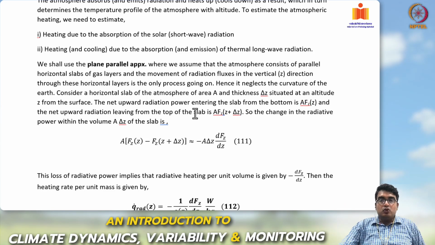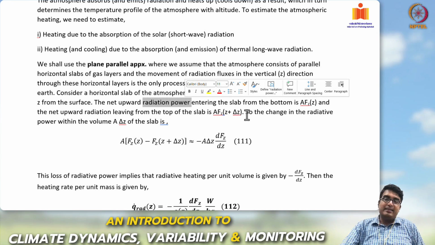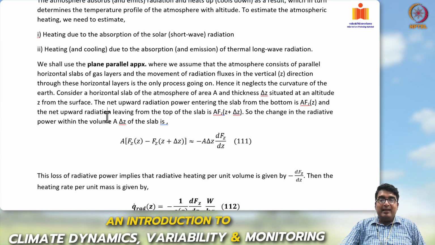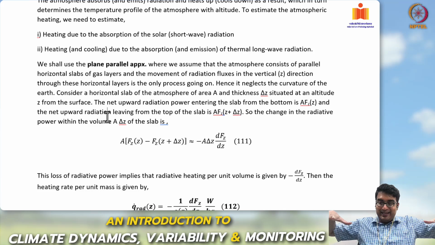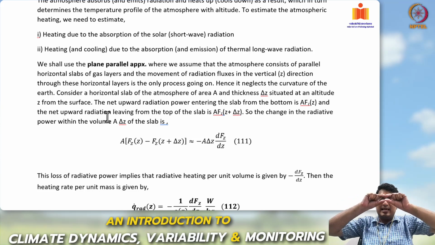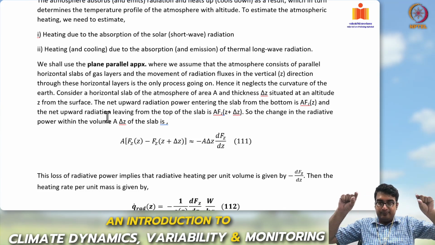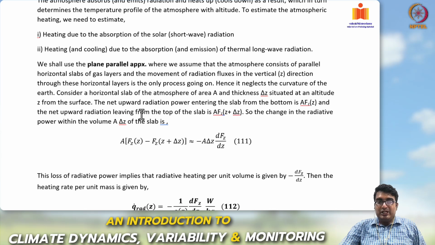So the total radiation power in watts entering the slab from the bottom at Z is A into Fz. Now the layer has a thickness delta Z. So the net radiation leaving from the top of the slab is A into Fz at Z plus delta Z.